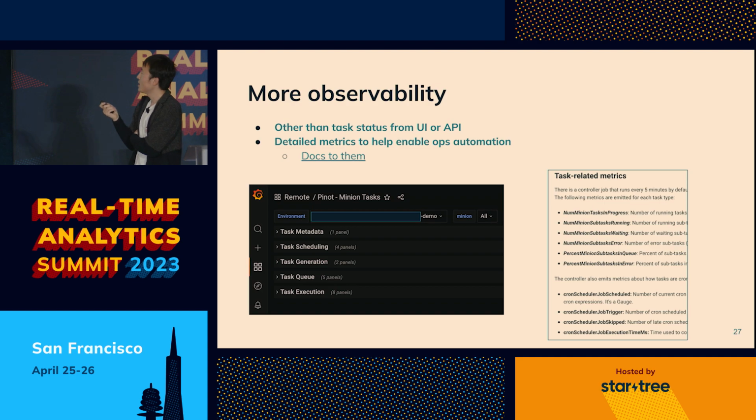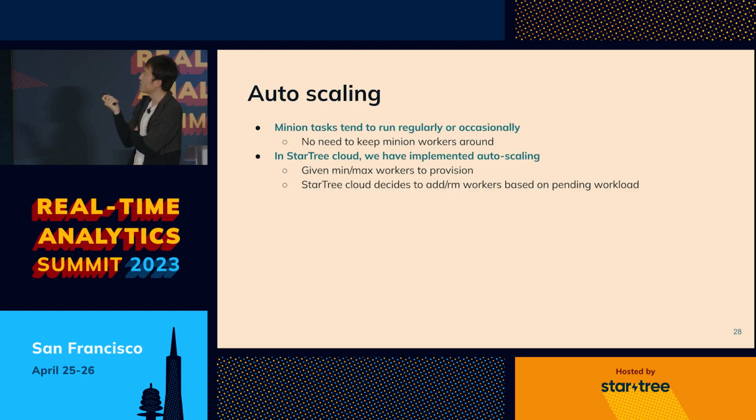Another thing we have done inside the StarTree cloud is we added an auto scaling feature, because we found the Minion tasks tend to run regularly, and they aren't really sensitive to latency in reacting to requests. So we added this auto scaling feature to let the StarTree cloud decide when to add more workers and when to remove workers so that we can reduce the operational cost.